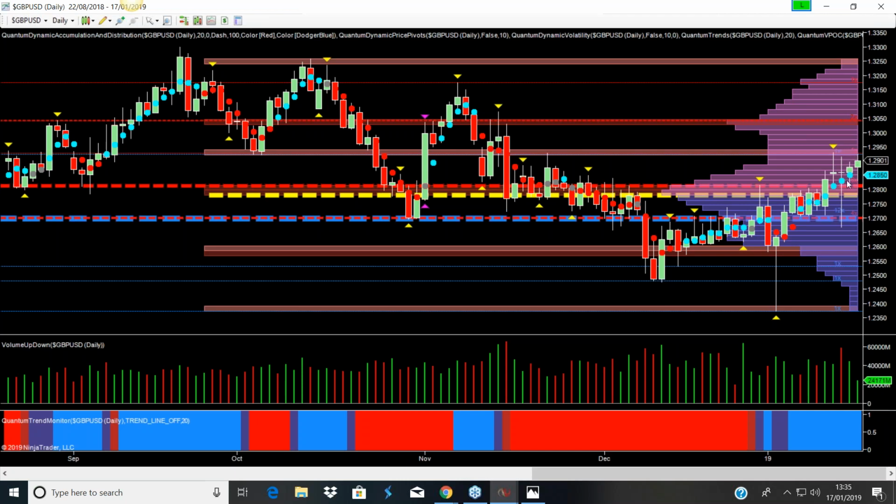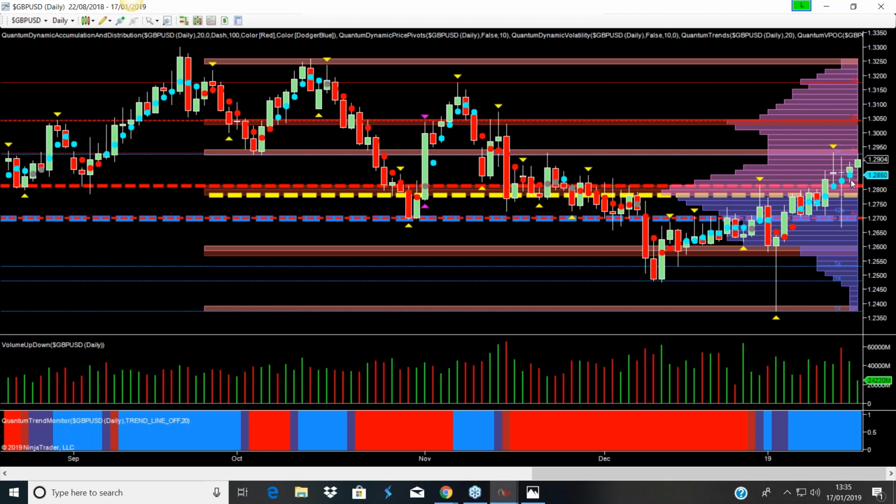But from a technical perspective, we have now got a very clear level that the pair has to overcome if this is actually going to carry on higher. And I said in the post it's in the 129 region. Now, yesterday we see here we had more buying of the British pound.